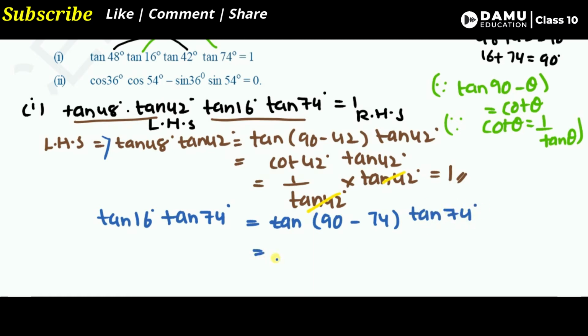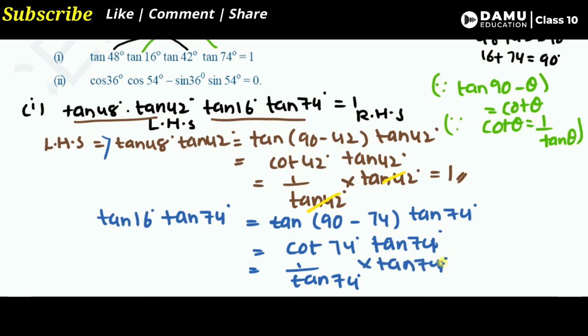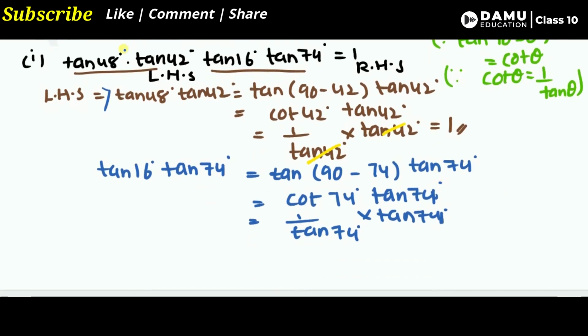Tan 90 minus 74 gives cot 74 degrees, then tan 74 degrees. So cot 74 is 1 by tan 74, into tan 74 degrees. We cancel this combination, and the answer we get is 1.